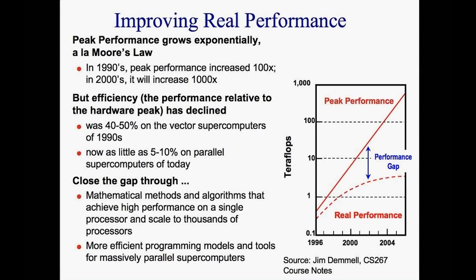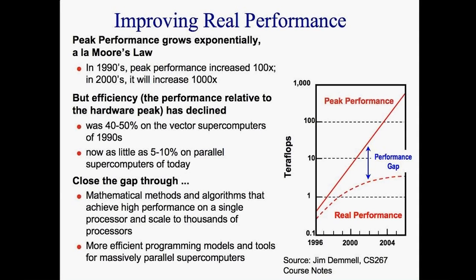In the next 10 years, when we hit the exaflop barrier, like 2019 or so, that machine is predicted to have somewhere between 10 and 100 million processors. Unless applications change, instead of 5 to 10% usage, we'll be lucky if we're able to achieve 1% of the efficiency of that computer. So we'll be greatly wasting the resources.